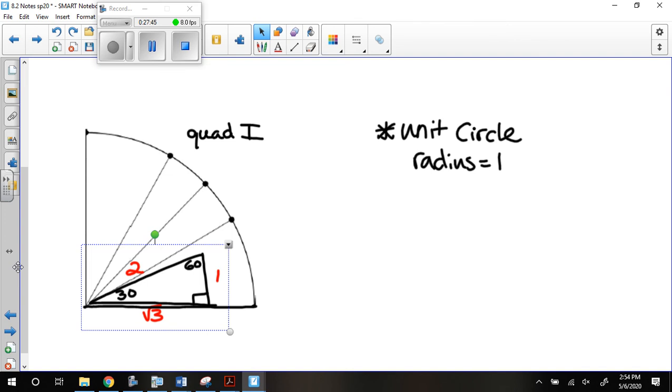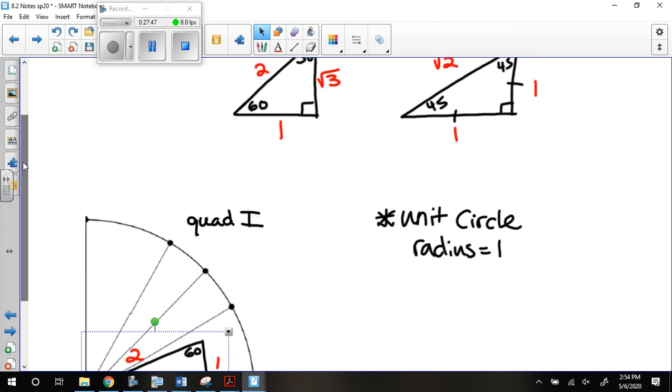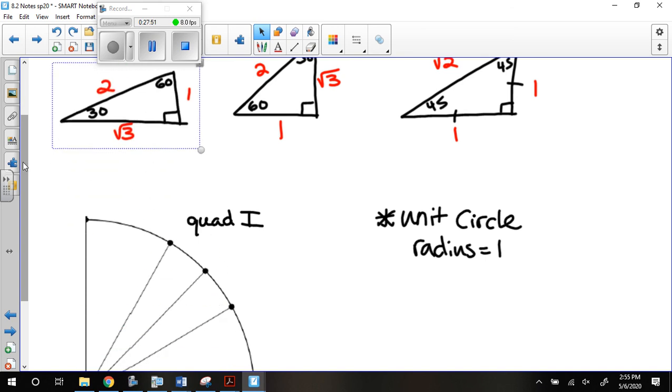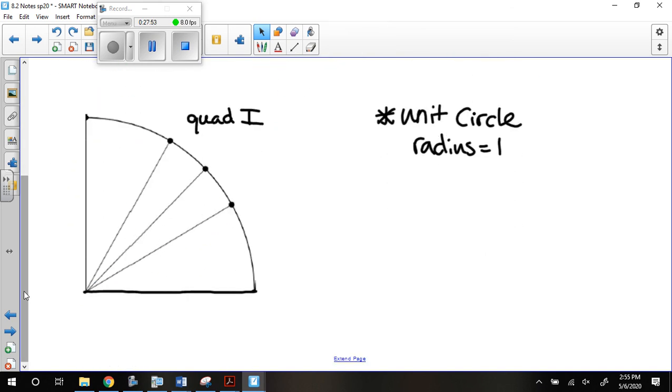So, here. I am essentially taking that triangle and I am putting it right here. Okay, and this is my 30, 60, 90 triangle.